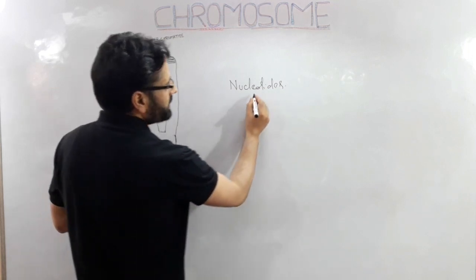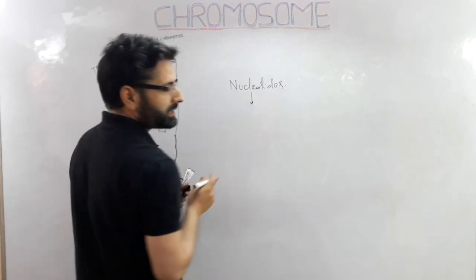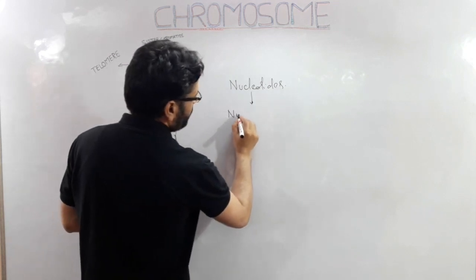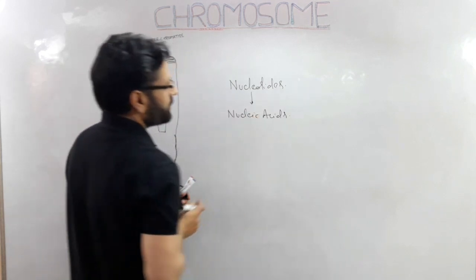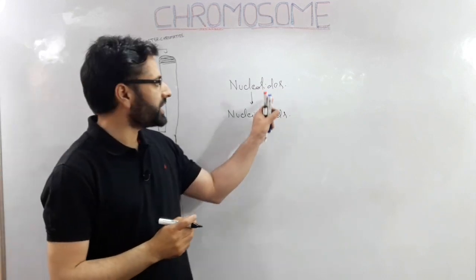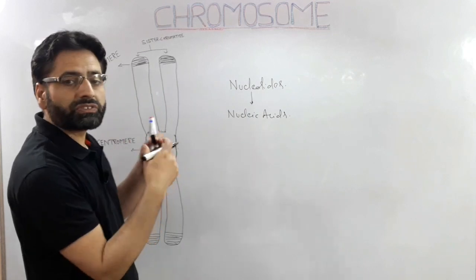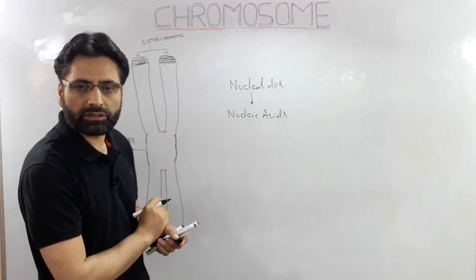These nucleotides get interlinked with each other through phosphodiester bonds, and they lead to the formation of nucleic acids. So these nucleic acids are chains of nucleotides. Here I am trying to explain the structural hierarchy of this genetic material.